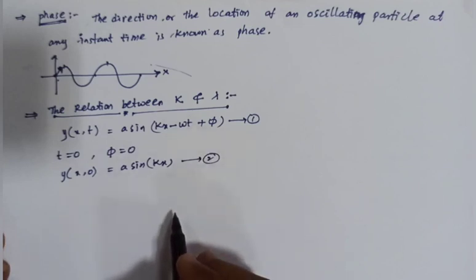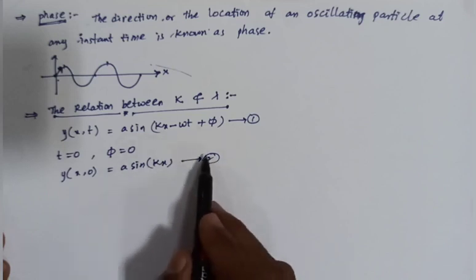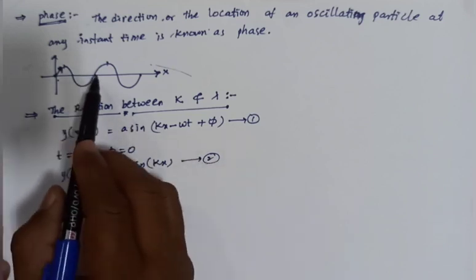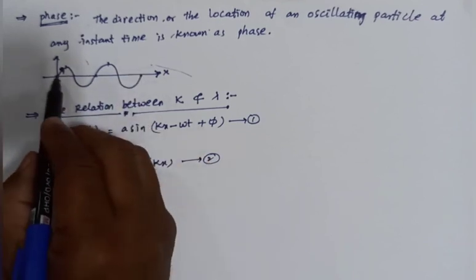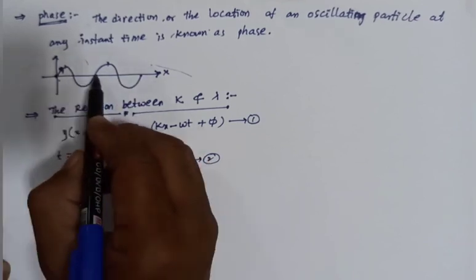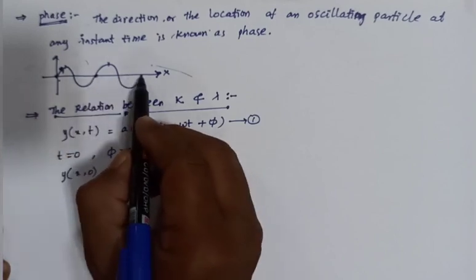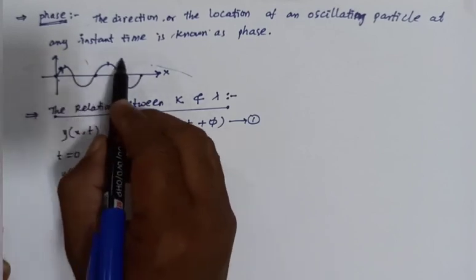The sine function repeats. Here at 0 degrees, at 2 pi and 4 pi, the sine function repeats.